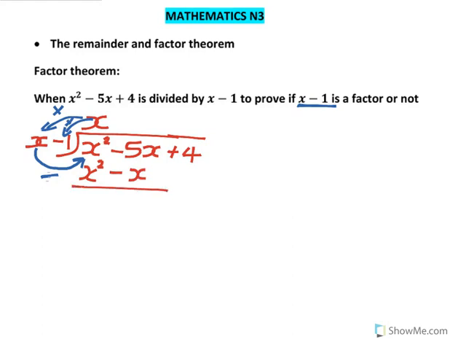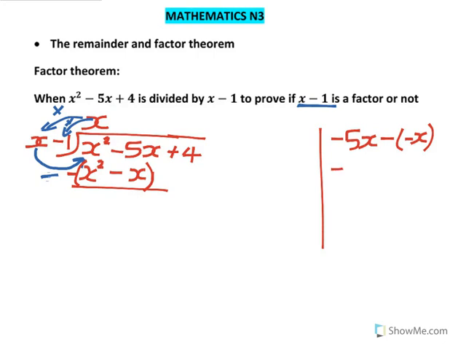When you have done that, you subtract. x squared minus x squared is 0. Minus 5x minus, just to be careful here, there is a bracket there, minus x.